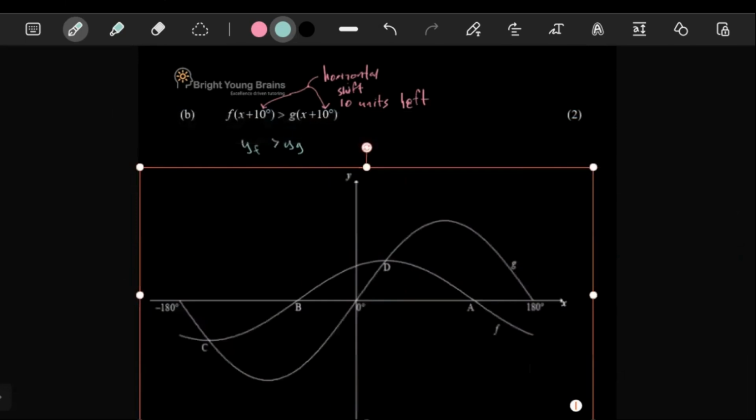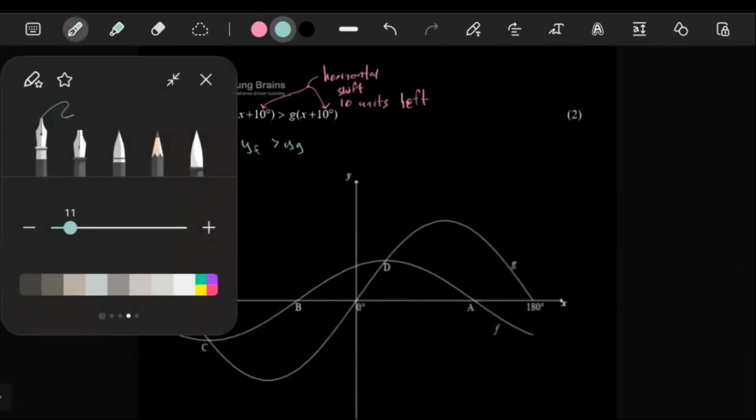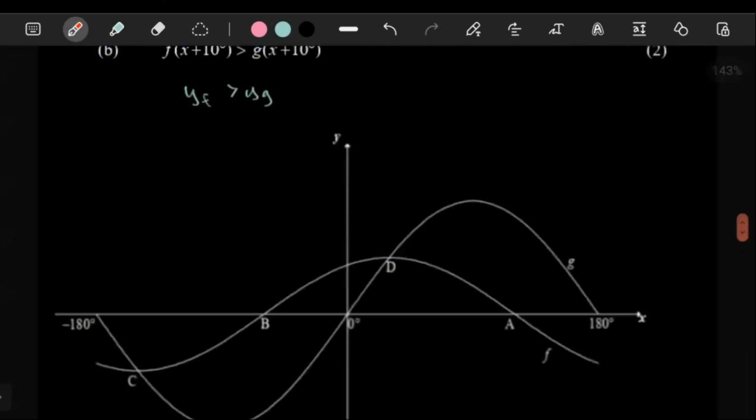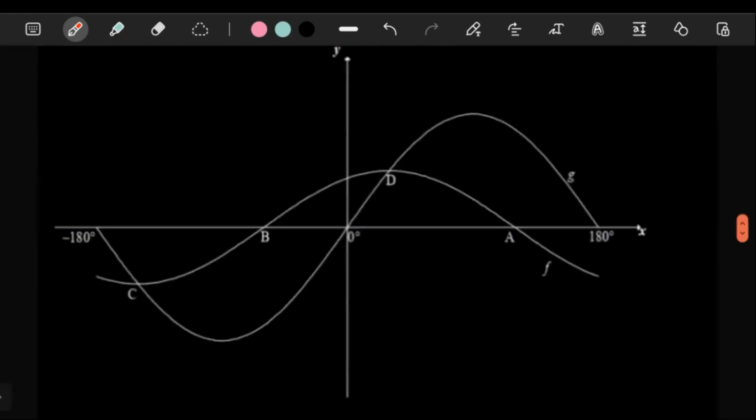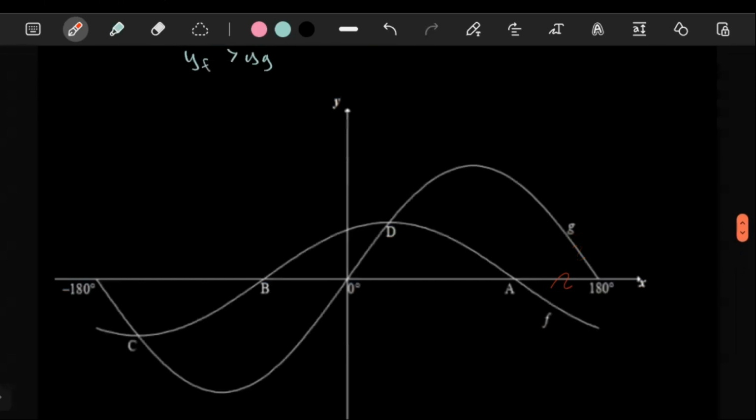There we go. So remember the question here is where is f of x bigger than g of x, but then you want to think of what would happen if they are both moved 10 units to the left. So f of x is this one here, and you can see f of x from this point to this point is above the graph of g, and we said that this is 30, this is negative 150.